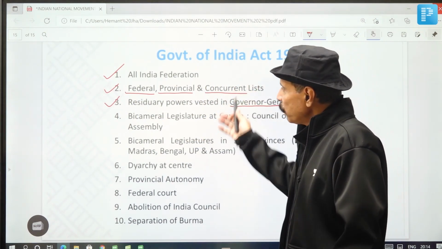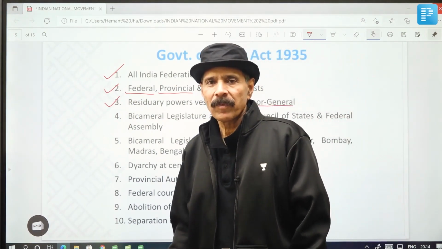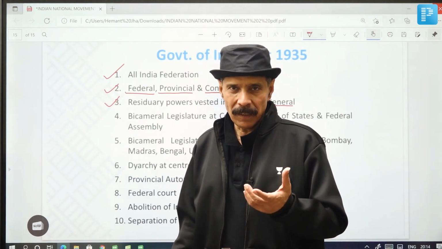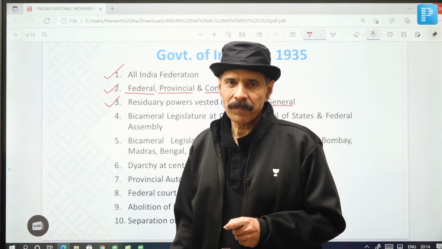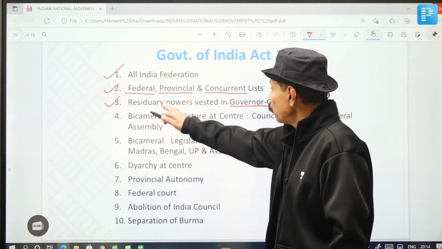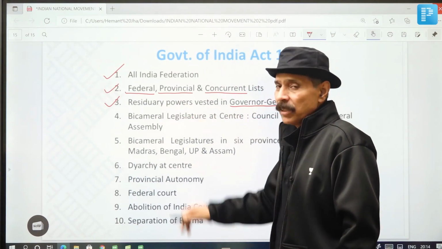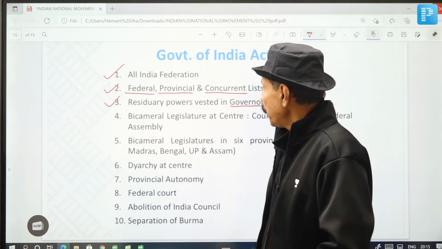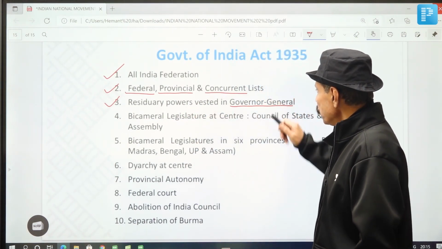These are some salient features of a federal system, and they characterize today's Indian federal system as well. But today the residuary powers are vested in the center. As per this act, residuary powers were vested in the Governor General.